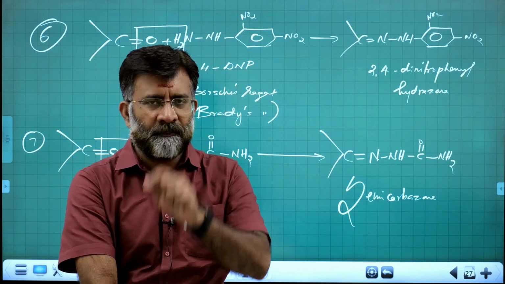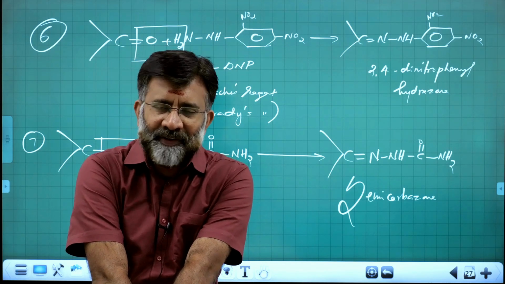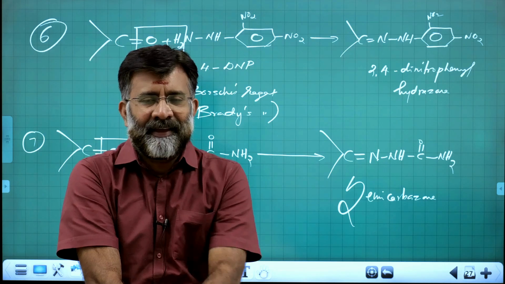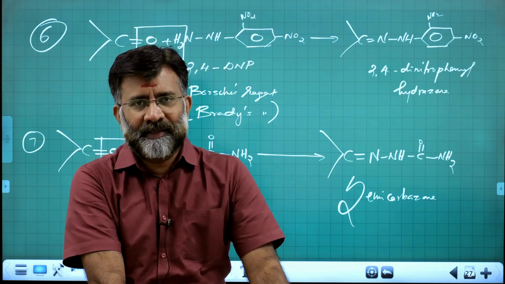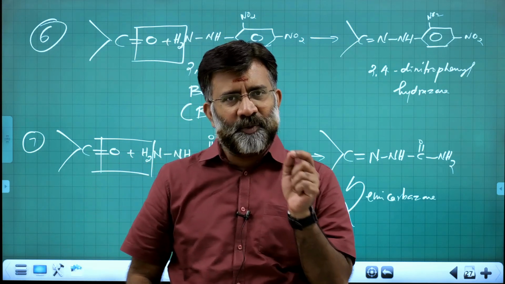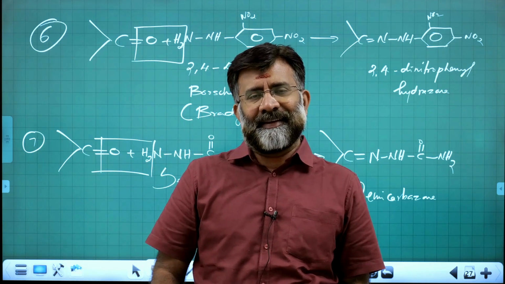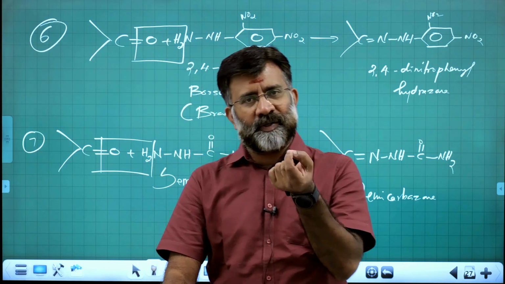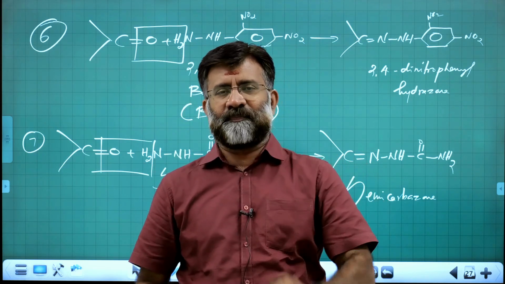Reaction number 1, with ammonia, you get imine. Okay. Reaction number 2, it is amine. You get substituted imine called Schiff's base. Reaction number 3, Z place OH group, hydroxylamine, product is oxime.